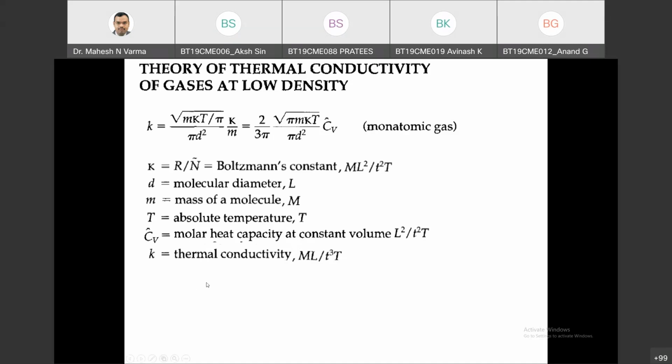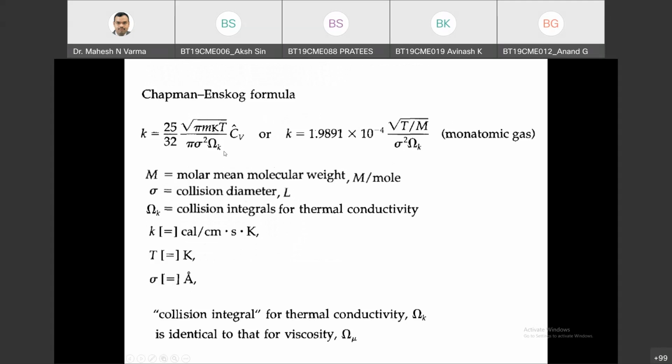And this is thermal conductivity. Thermal conductivity will be given by this, the advanced Chapman equation. This equation is obtained first from kinetic theory of gases, then statistical thermodynamic input, and then they got the collision diameter and collision integral when they simulated these molecules at the molecular level.